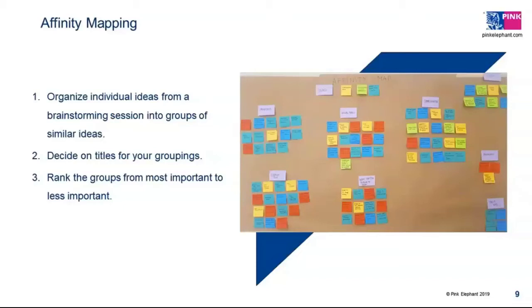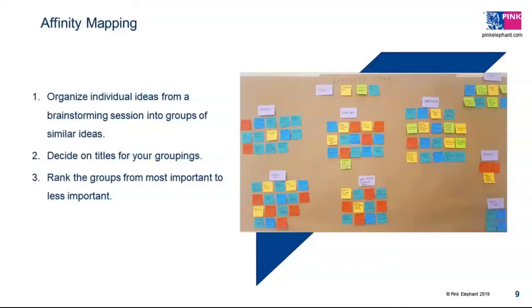The group of people that are working on this will start to discuss the different groups and look at which ones they think are most probable to be the most impactful root causes. There are a variety of ways that we talk about in our root cause specialist course for how you can do that. But the idea is that we do want to rank them so that the group can agree where we are going to start.